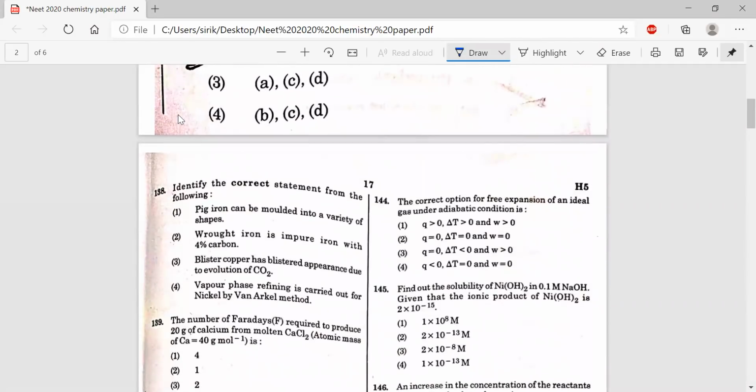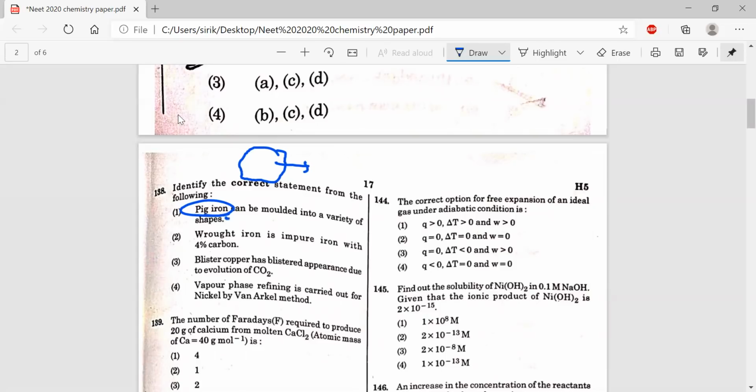Next question, 138. Identify the correct statement from the following. Pig iron can be molded into a variety of shapes. Initially a pig-shaped mold was used in industries, which gives a pig shape. That's why the name given to that iron is pig iron.